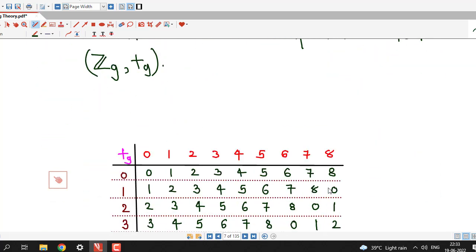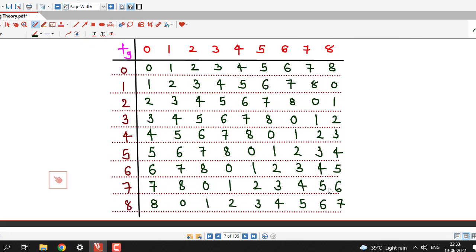So this is the composition table for the given set with respect to addition modulo 9, and here we have used the fact that a plus b modulo 9 is equal to the remainder when a plus b is divided by 9.